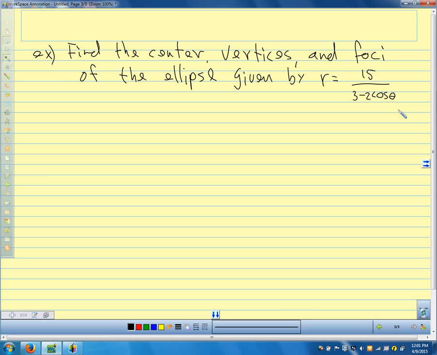So this problem tells us this is an ellipse. Well, what do we know right away about this ellipse, just because of the way this function is written? We have a cosine function, so it has polar axis symmetry.